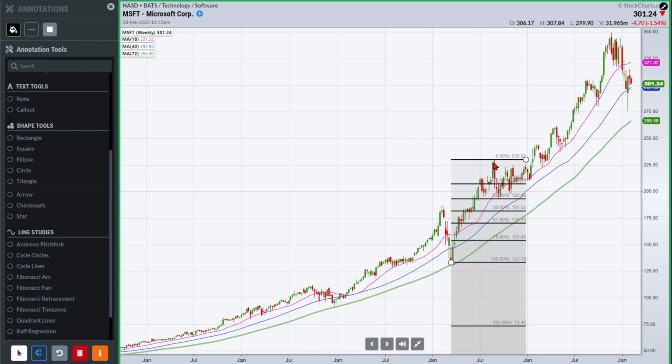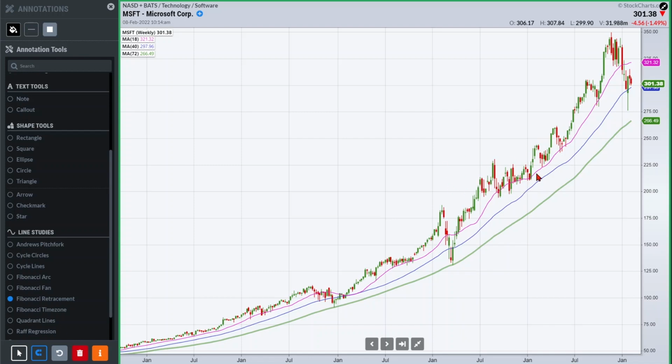And once this started to pull back, I would have had this fib zone put up, and then I would have known where is that 38% retracement, and it gives me an idea of what to expect. So the fact that this held the 18 and stayed above the 38% retracement actually makes sense to me, because if it would have come down to the 50% retracement, it would have broken the 18. So I like to use those together that way.